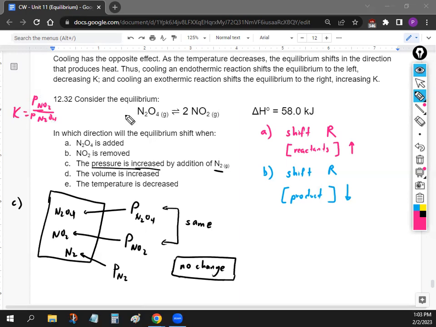If it's not part of the equation, it's not going to affect it. When you added more gas, the pressure increased, so we can assume the partial pressures are the same. If it were part of the equation, then yes, it would shift to the left. But since it's not part of the equation, it's not going to do anything.